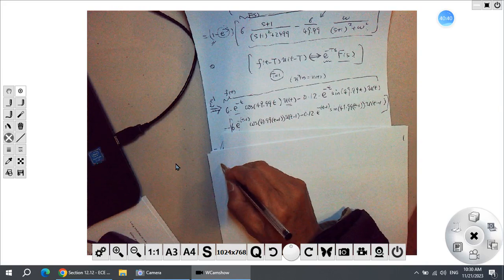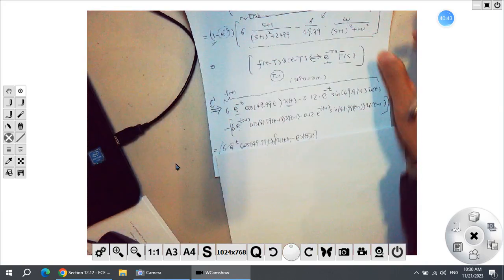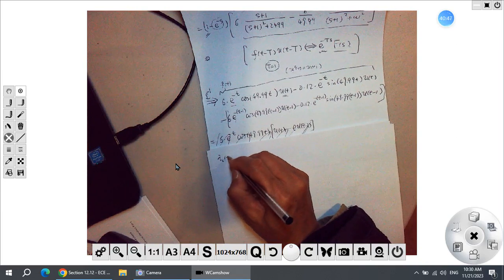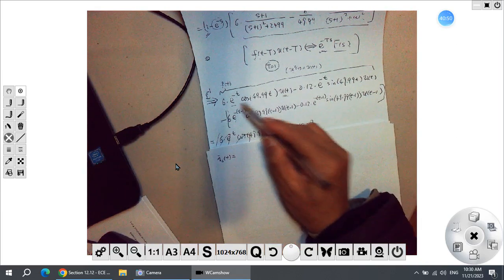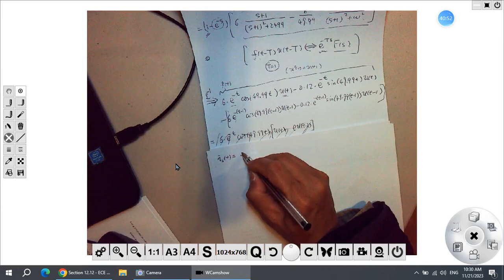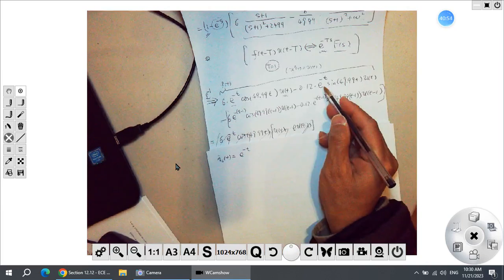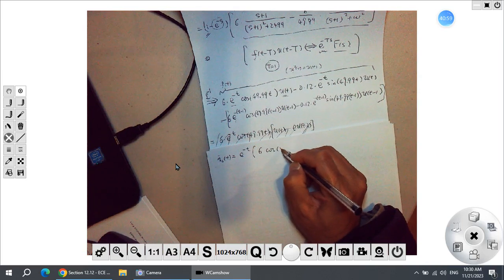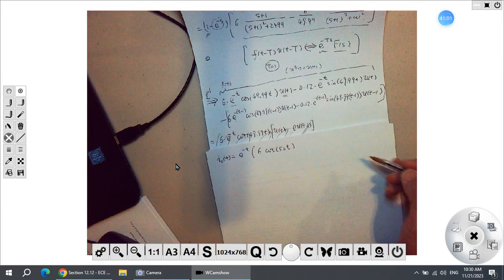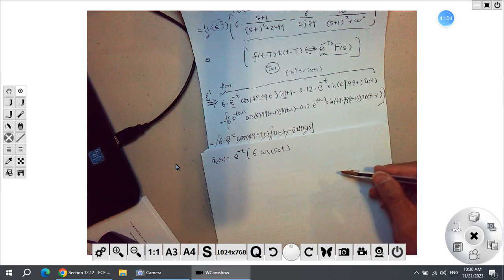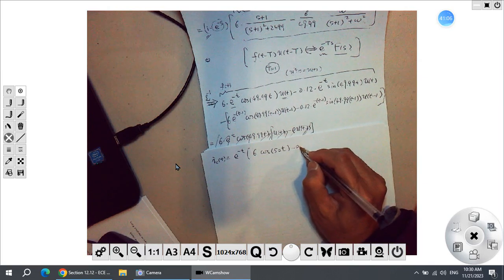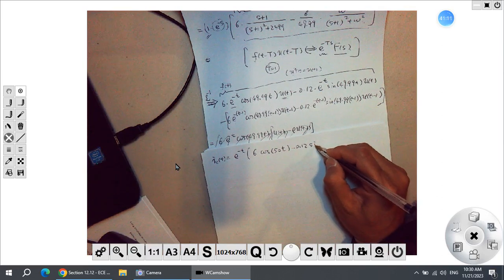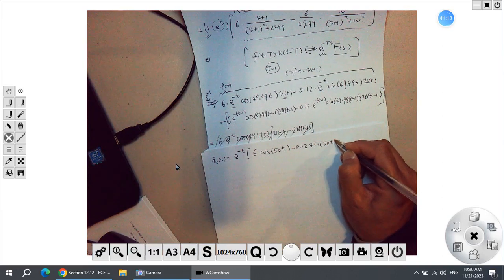So I can have i_C(t) equal to, I put these two together, e to the negative t in the front, and here's 6 times cosine. Okay, I just use 50t as they did in the textbook, and minus 0.12 e to the negative t in the front, so here's a sine of 50t and the u of t.